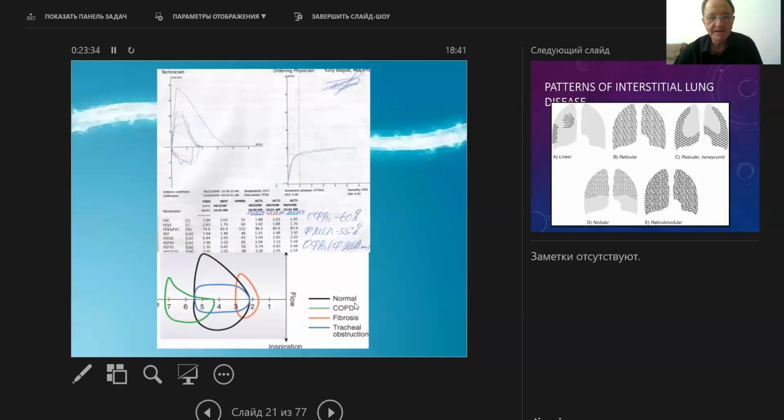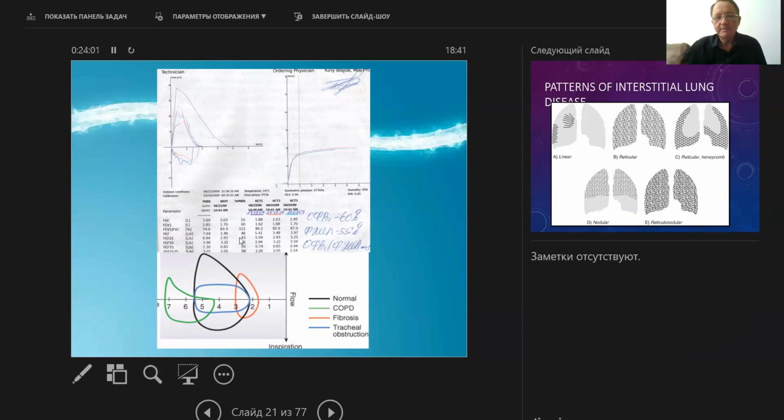In this spirography, you can see the spirogram curve typical for restrictive disorders. You can see, for example, forced vital capacity. In this column, it's the percentage of the predicted level, and the diminished forced vital capacity is 55% of the predicted level, and forced expiratory volume in 1 second is 60%.